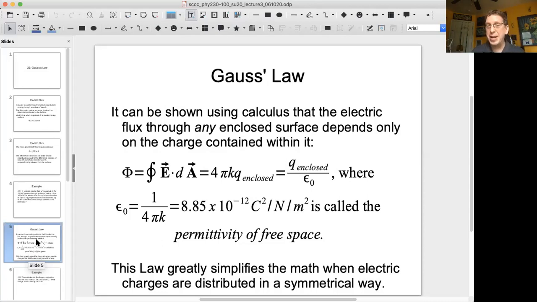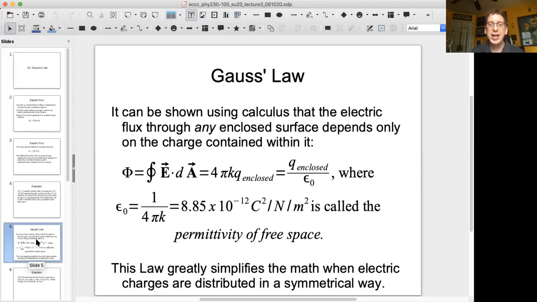And from a mathematical perspective, there doesn't have to be a real, physical three-dimensional object. You can just imagine the surface and evaluate the electric flux into or out of that surface. And this relationship will apply.